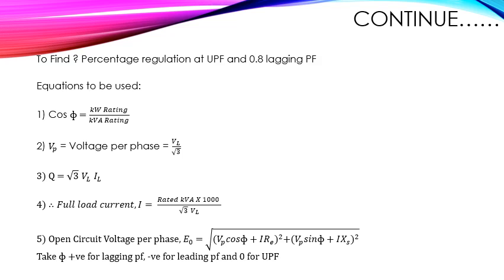Then open circuit voltage per phase as per the synchronous impedance method for the determination of voltage regulation of an alternator: E naught is equal to square root of (Vp cos phi plus I RE) whole square plus (Vp sin phi plus I XS) whole square. So here we have to take phi positive for lagging, negative for leading, and 0 for unity power factor. So remember this, how to calculate the E naught for lagging, leading and unity power factor.